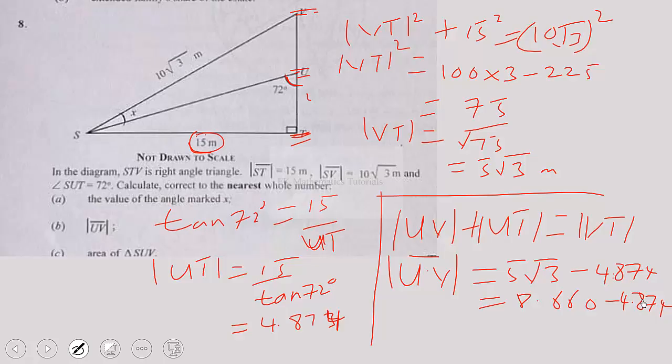So 8.660 minus 4.874 will give you 3.786. So to the nearest whole number we have 4 meters. We round up because of the 7.